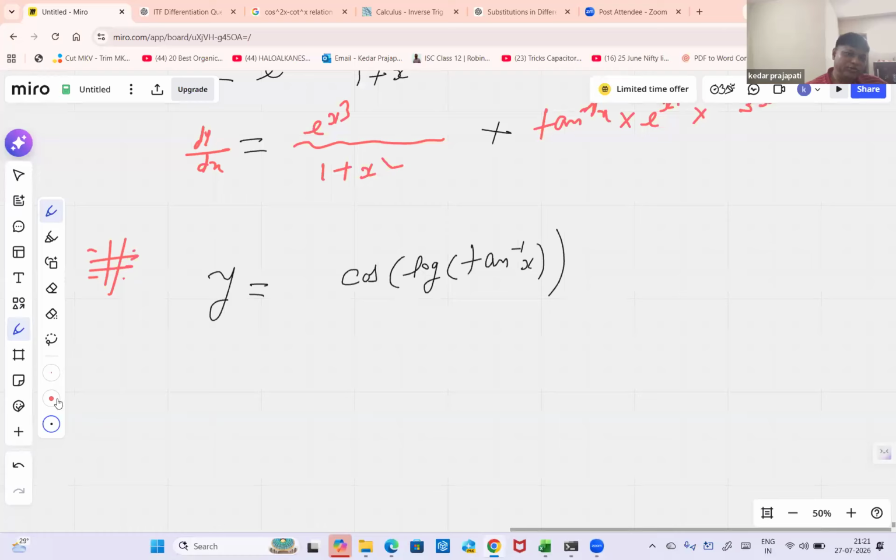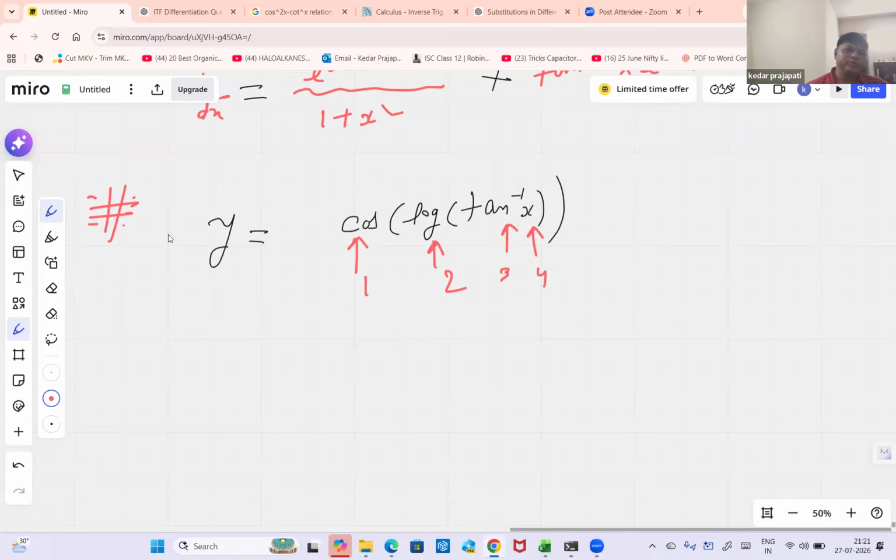So here what will happen? First, this cos will be differentiated. Then log will be differentiated. And then tan inverse x will be differentiated. And then x will be differentiated. So four steps: first, second, third, fourth. Chain rule.